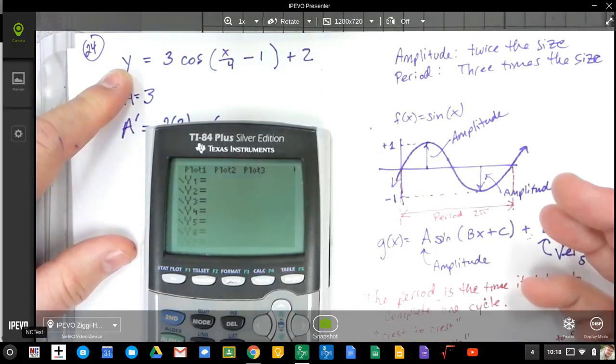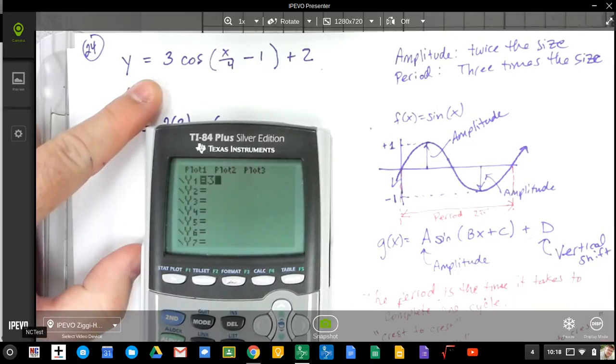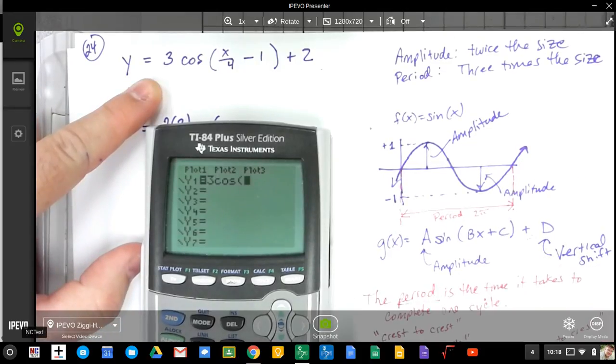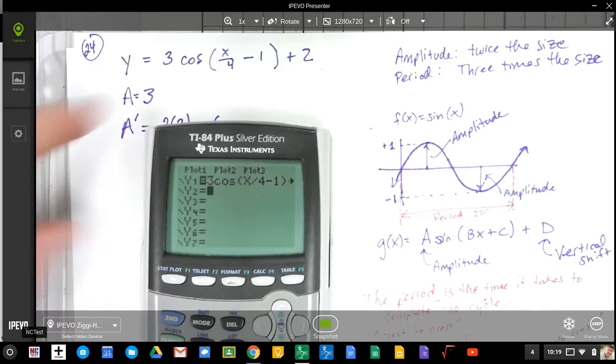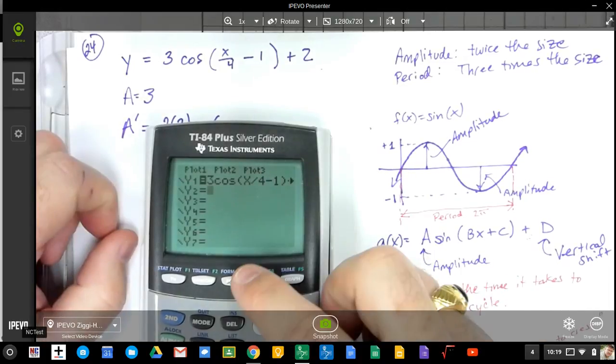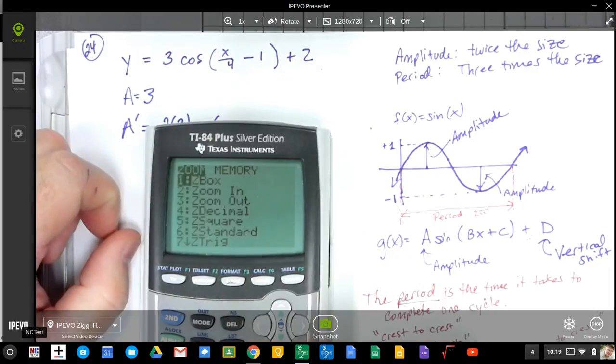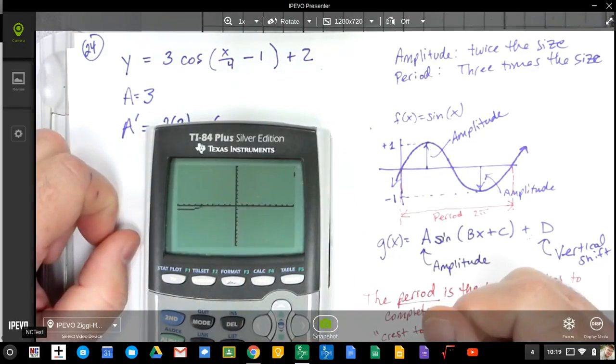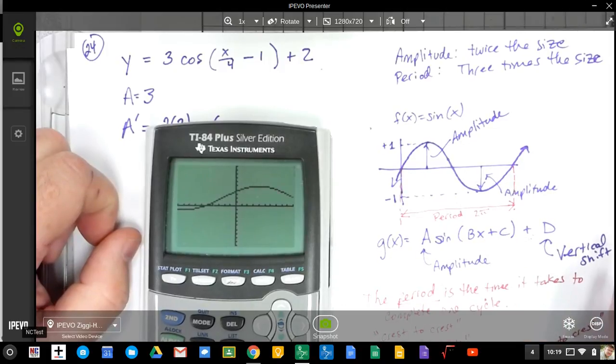So if I go to y equals, I'm going to type 3 times cosine of (x divided by 4 minus 1), plus 2. Then I'm going to graph that and see what it looks like. I'm going to do zoom 6, and that's what it looks like.